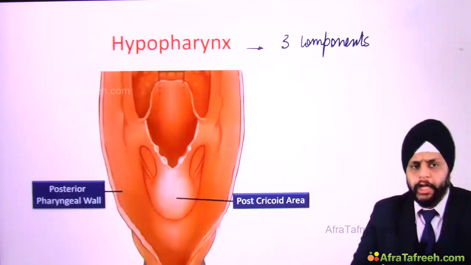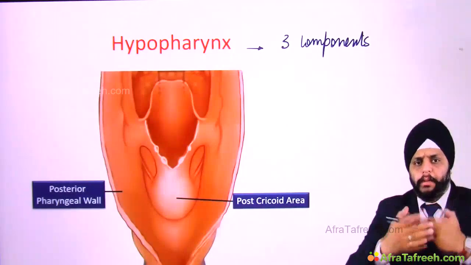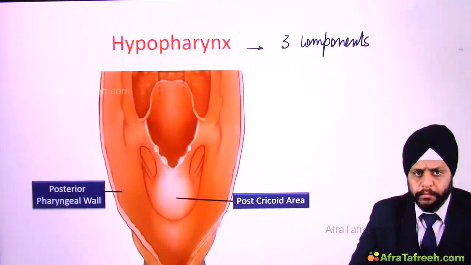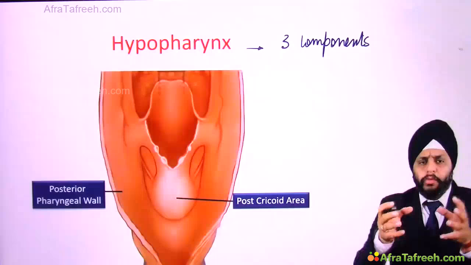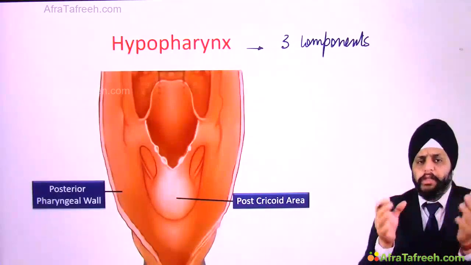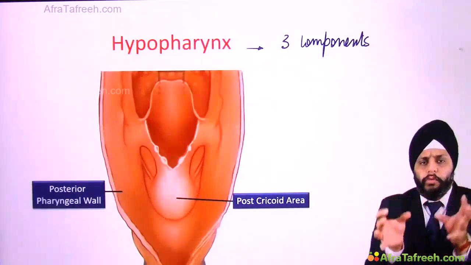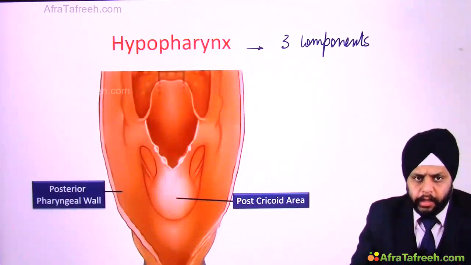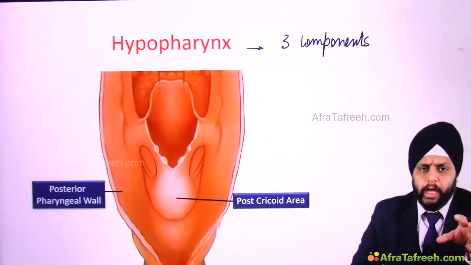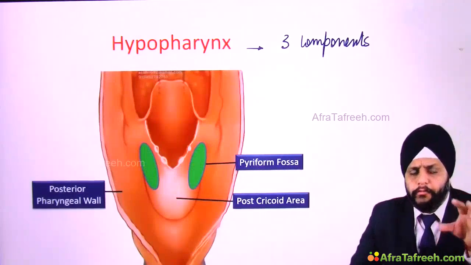So anteriorly we have the post-cricoid area, that's the posterior part of the larynx. Now, on the two sides of the larynx, I said the hypopharynx is also around the larynx, so you can see a fossa. This fossa is known as the pyriform fossa.